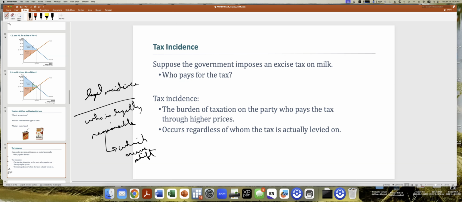But then remember, the buyer has to pay $1 to the government, which brings it up to $4.50. So the buyer at the end of the day ends up paying $4.50. The sellers receive $3.50, and the government gets $1.